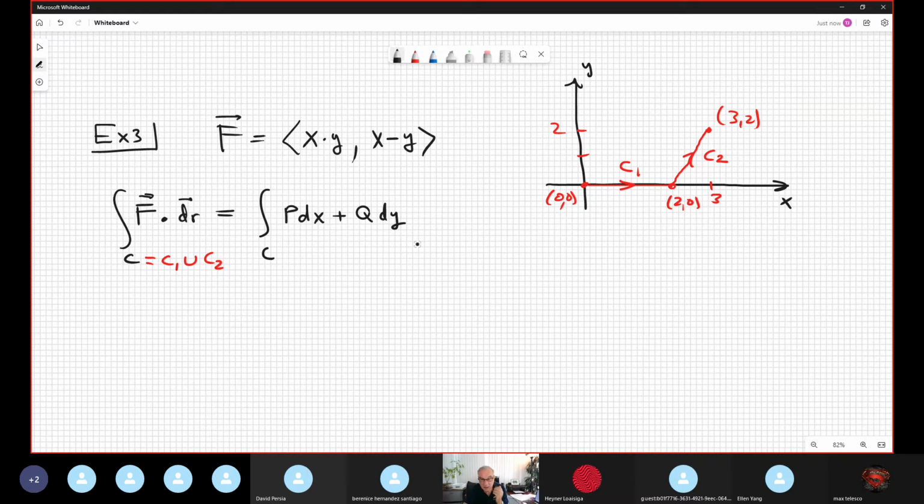And this is the natural parameterization, x and y. So now I analyze segment by segment. I compute the first curve C1 alone, only C1.